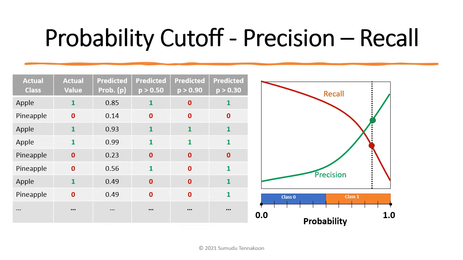If you take the first predicted probability greater than 0.5 column and use that column to calculate your precision and recall, you will get a certain precision and recall. And for the second condition, probability greater than 0.9, you'll get a different recall and precision. For each probability threshold condition you apply, you get different recall and precision values.